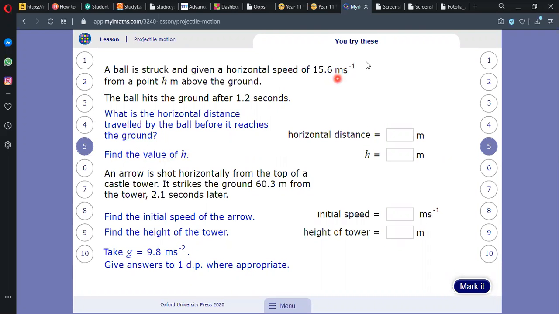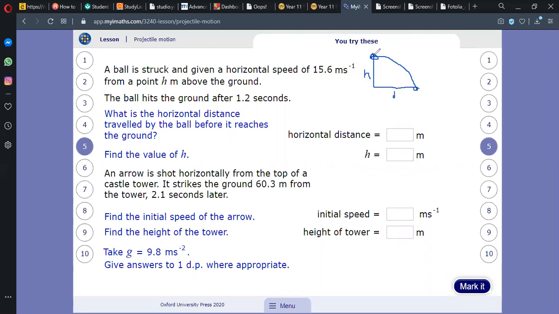So if you look at this in a diagram, we are going to be seeing something of this nature. Let's manage this. So the ball is somewhere here and then drops on the ground here. We'll be looking at this as the height, and then this is the horizontal distance that we're looking for, which we can call d.